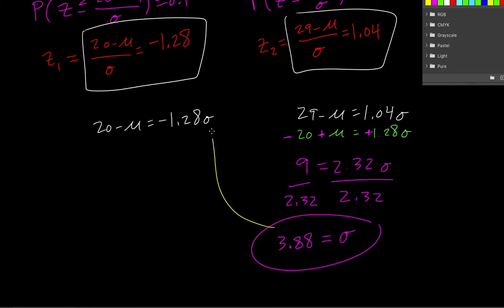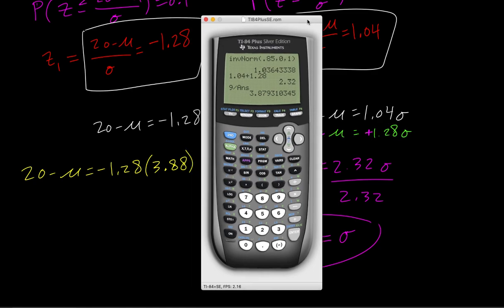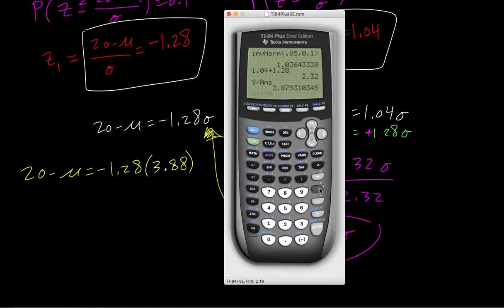Now we can take that, we can plug it into here. So we're going to get 20 minus mu is equal to negative 1.28 times 3.88. So we go back to our calculator, take that previous answer, times it by negative 1.28. We get negative 4.97.